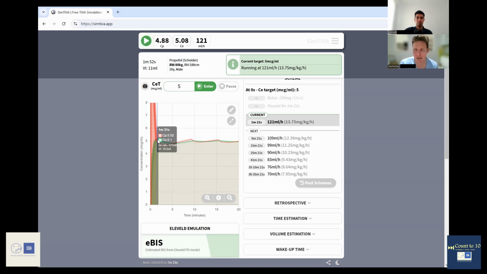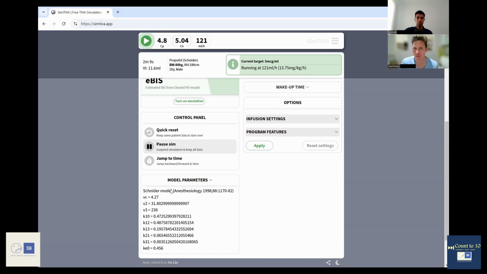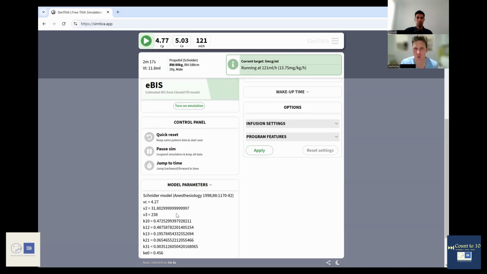It tries to maintain the number of marbles in the bucket in the exact same way as we just described in the previous model. But because the rate constants are different, and because the V1 is different, you're going to get a different rate of administration. So in Marsh versus Schneider, for this patient, they both get a 100 milligram bolus, but the difference is Schneider waits for 1.6 minutes or thereabouts, and then it starts giving the infusion at a lower rate.